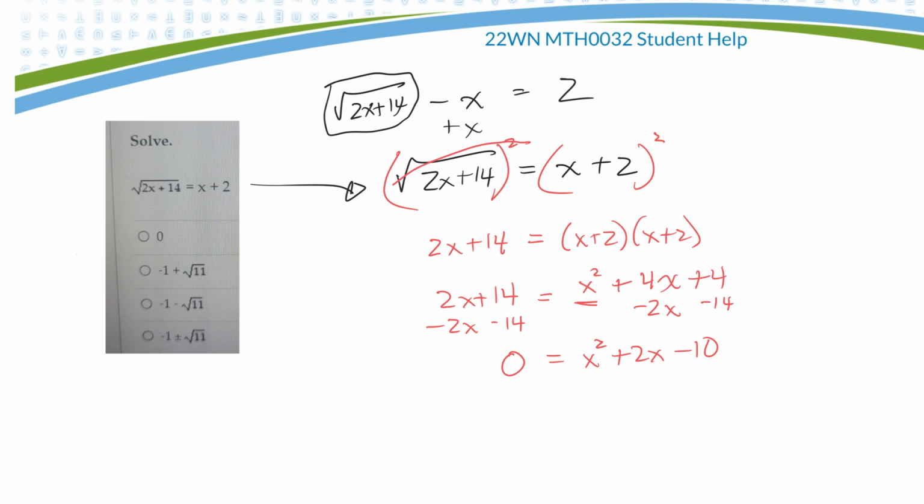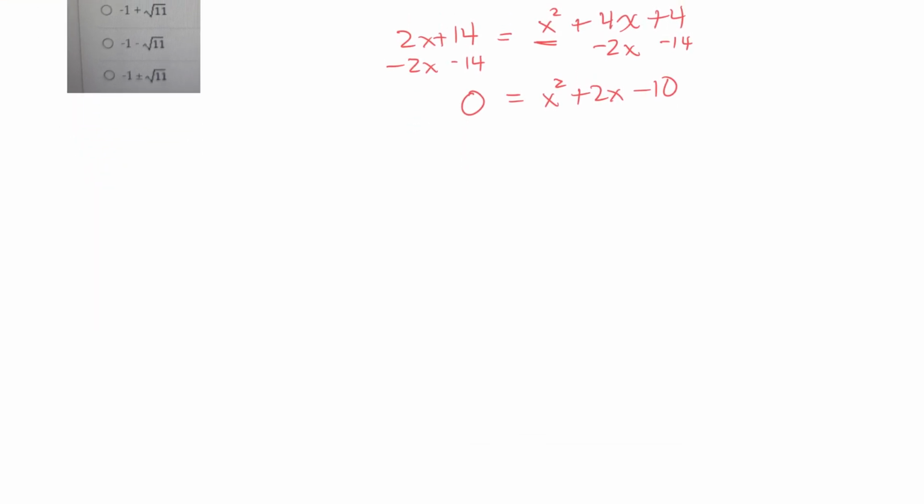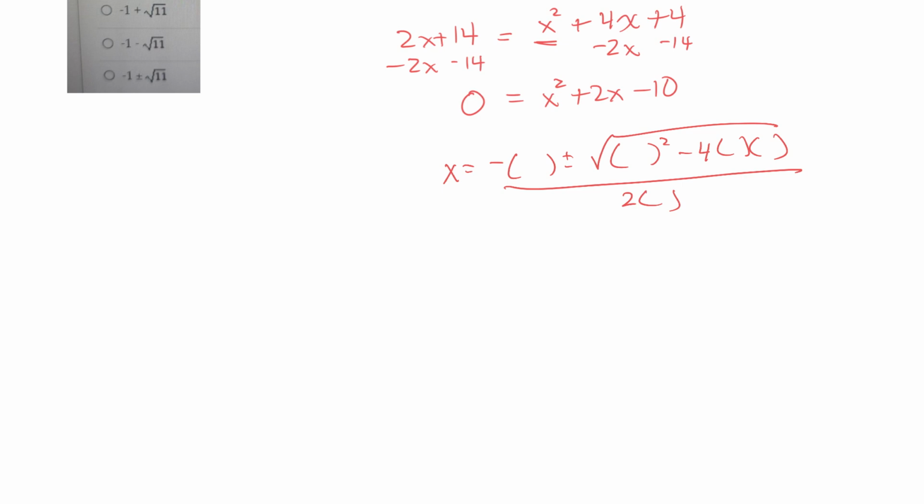Now at this point, I'm thinking it'd be real nice to factor that. But things that multiply to 10 and add to 2, 2 and 5 adds to 3. So I can't factor it, so I'll immediately go to the quadratic formula. So minus b plus or minus the square root of b squared minus 4 times a times c, all over 2 times a.